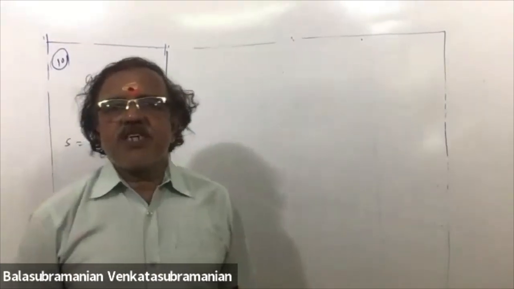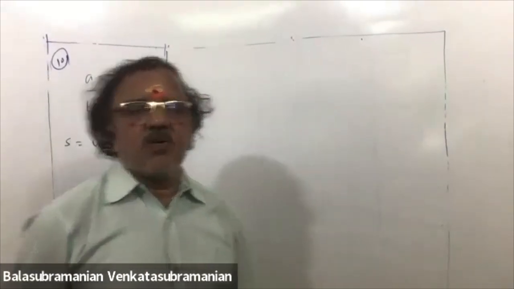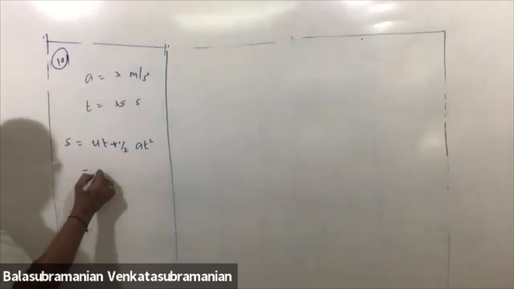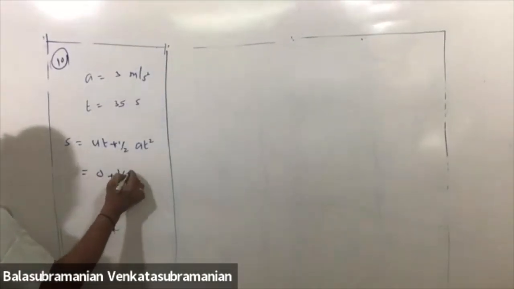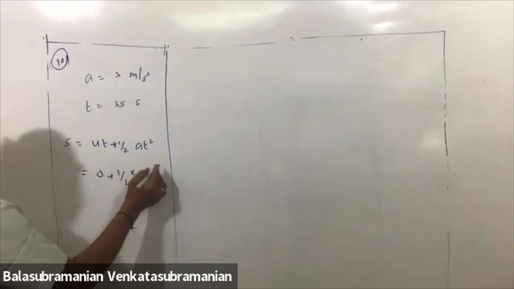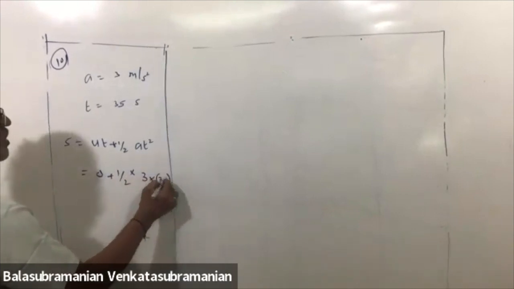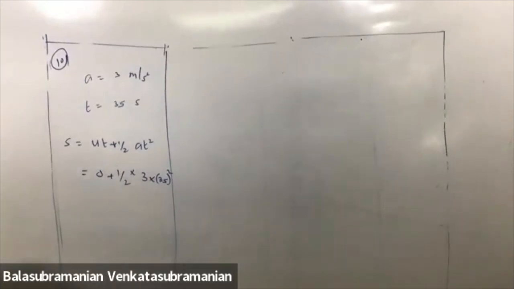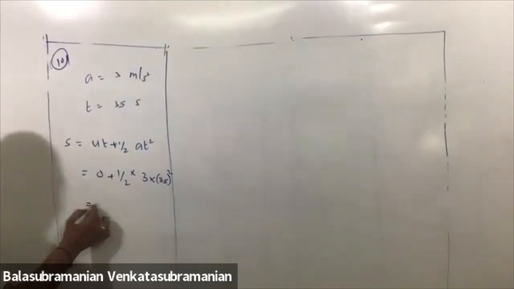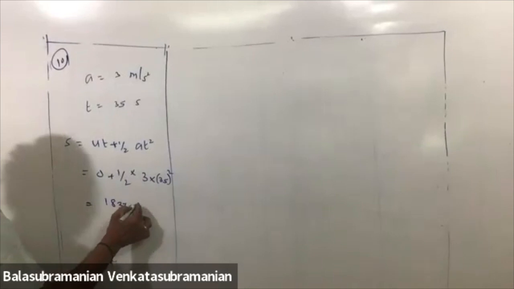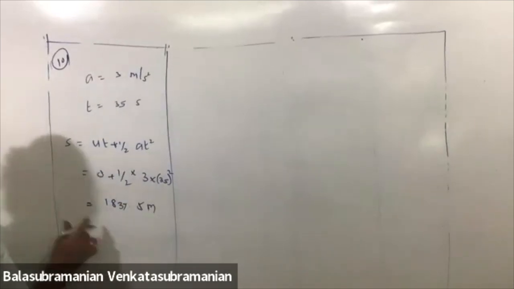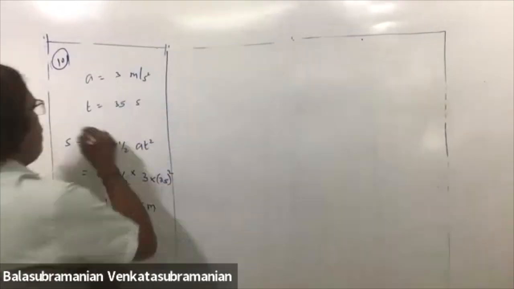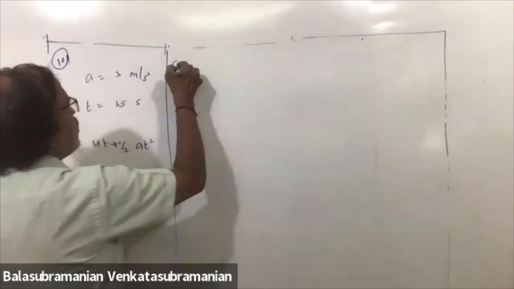At the time of starting, initial velocity is 0. So this will become 0 plus half at square, 3 into t square, 35 square. 35 into 35 into 3 divided by 2. When you simplify, you get 1837.5 meters. This is the minimum length of the runway.